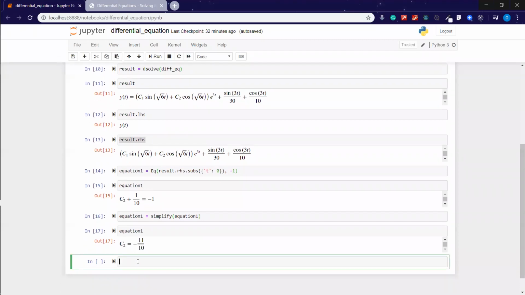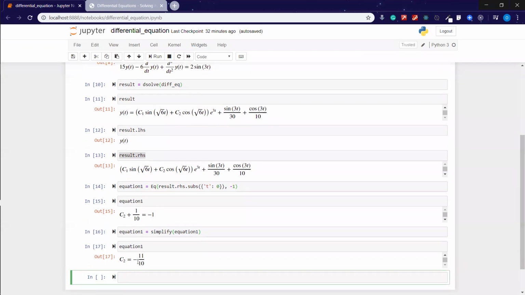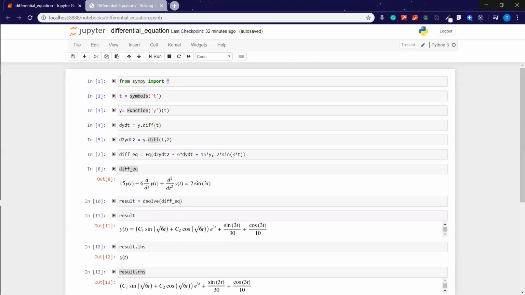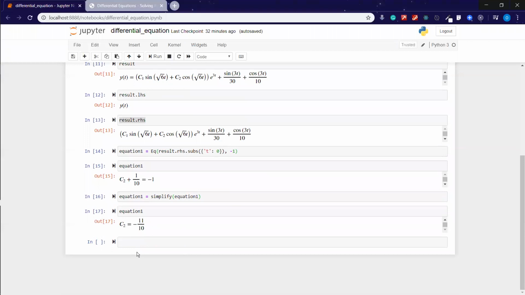So to differentiate the function, we use diff. I believe we've seen that somewhere. Okay. We use diff to differentiate, but you don't dot it with anything, just like we did here. You just pass in the function you want to differentiate into the diff function. Okay, so let's see what that looks like.